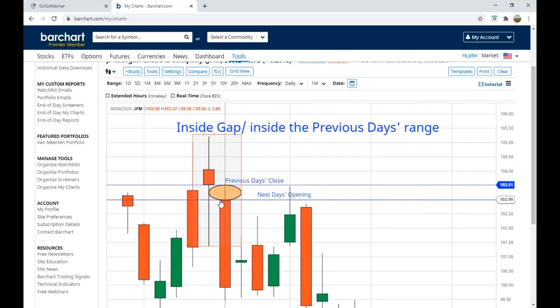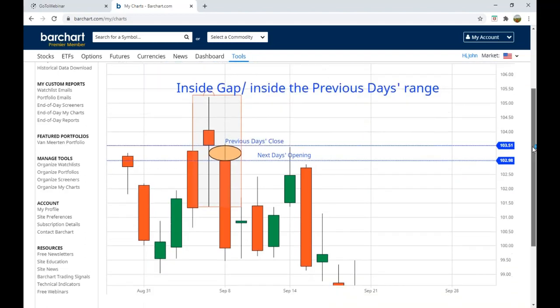Sometime during that trading day, price rallied up and closed this gap. This gap is inside of this previous day's range of price. These are great day trading opportunities for those of us who are more astute or able to train our eyes for these types of gaps.